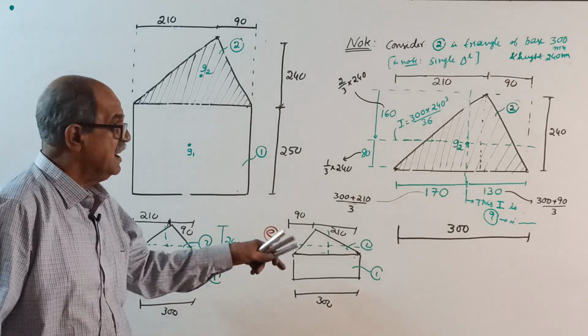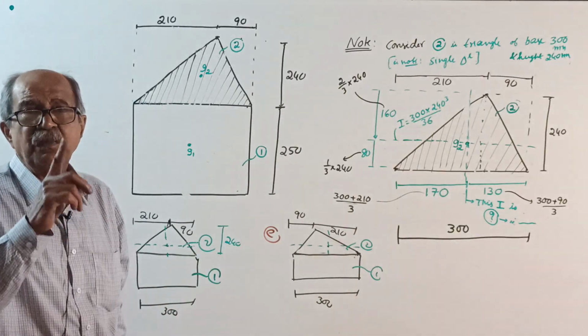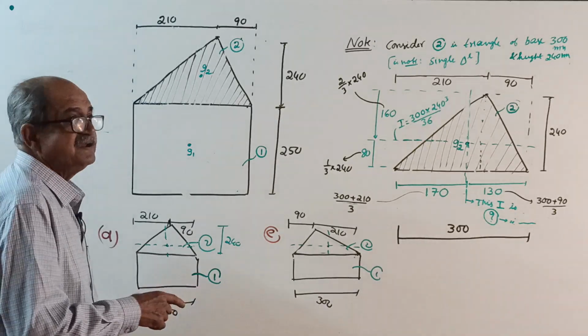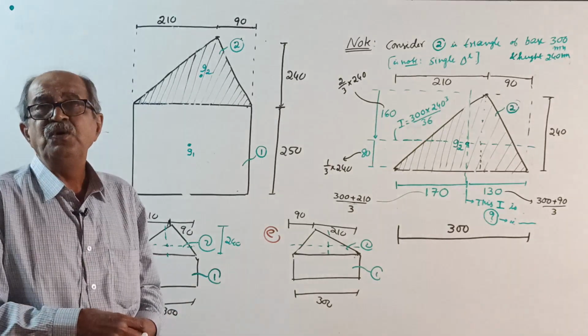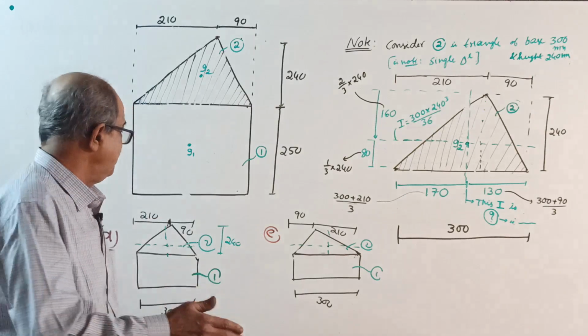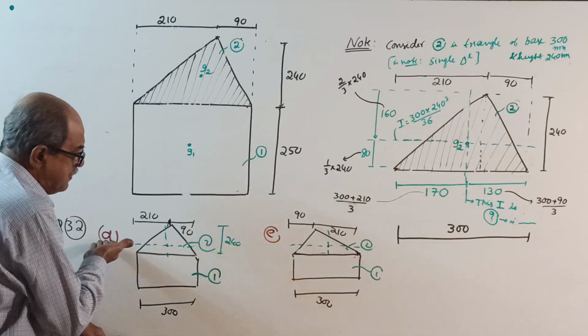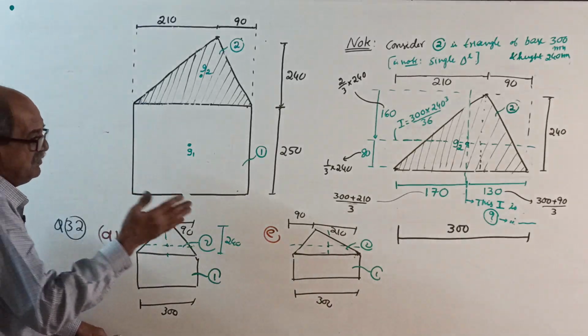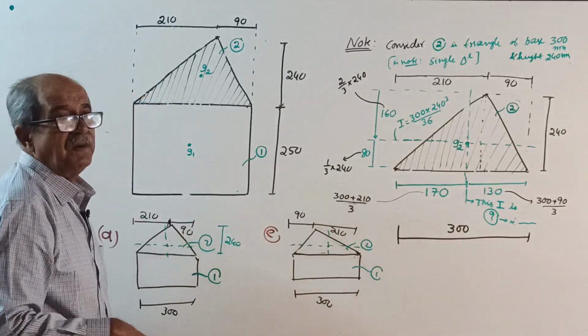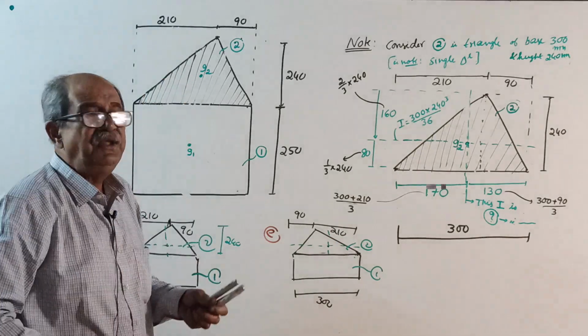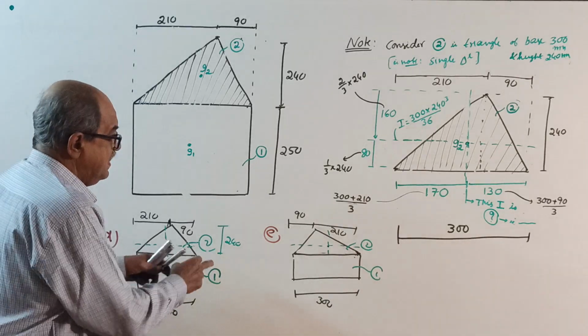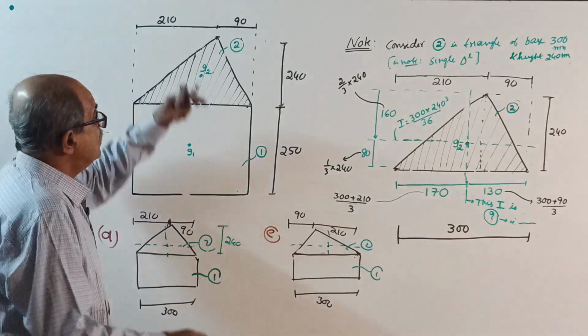It is a triangle in general. The difficulty or problem for moment of inertia is about the centroidal axis which is perpendicular to the base. The centroidal axis parallel to the base is no problem, BH cube by 36. But for the centroidal axis perpendicular to base, this I is the problem.